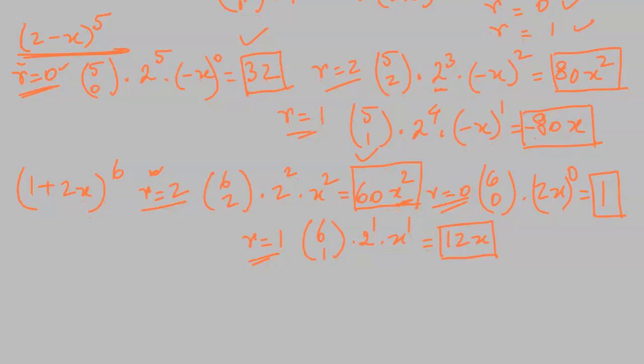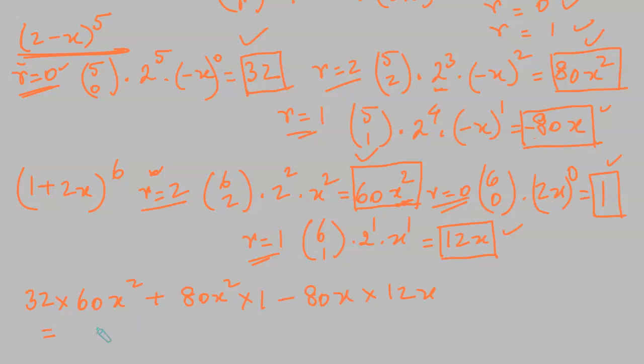We will just be multiplying the terms. So, it is 32 times 60x square plus, this one is the second middle one, 80x square times 1, and the third one, this one is negative 80x and this is positive 12x. So, negative 80x times 12x. Okay. So, what is this equal to?